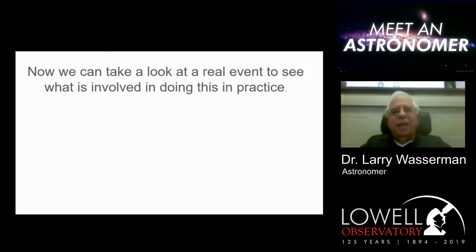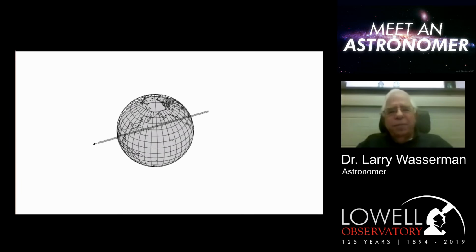Let's try a real event that we've done, and then we can see what's involved in doing this in real life. Here's one from 1984. You'll notice the shadow crosses over the United States, a chunk of the Pacific, goes over Asia somewhere, and then goes off the Earth. Okay, that one crosses over the United States.